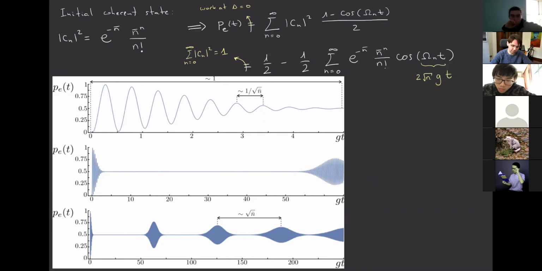Then what we get is this beautiful picture here, and what I am doing is plotting this probability as a function of time only from time 0 to time 5. The next plot is the same, the probability of being excited as a function of time, but instead of 0 to 5, I am plotting from 0 to 65.